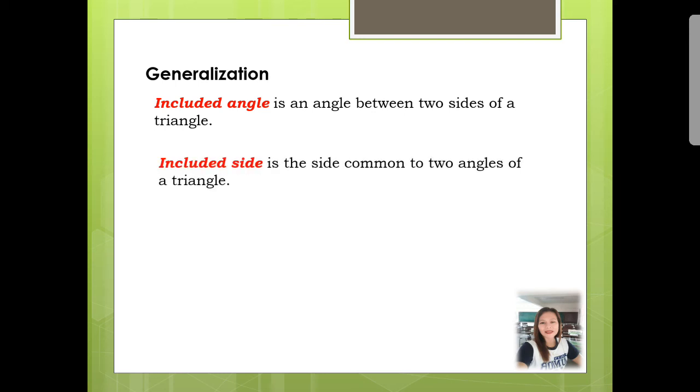Okay. Based on what you have learned and what we discussed, let us now summarize. What do you mean by included angle? It is an angle between two sides of a triangle. Next, the included side. The included side is the side common to two angles of a triangle.